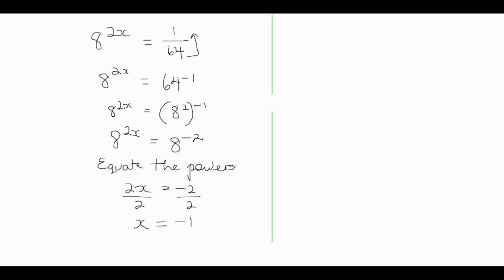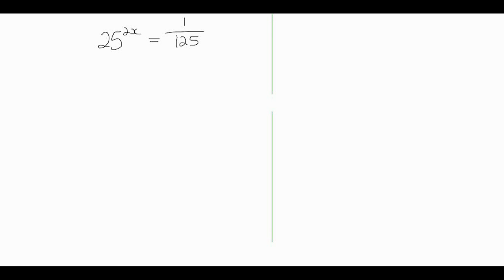Alright, so here we're going to do one more, and especially because it's 9.23. So we're going to bring the 125 out of the denominator, bring it up, and we get a negative power. What is the negative power going to be? Negative 1. Alright, now, here's the thing. We have 25, we have 125.